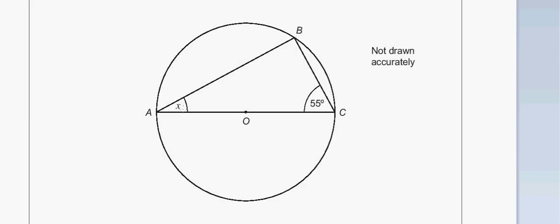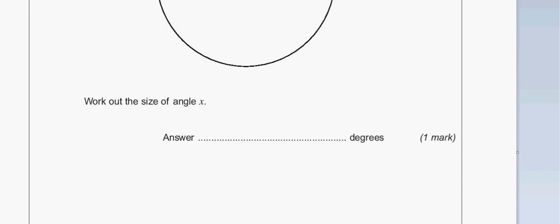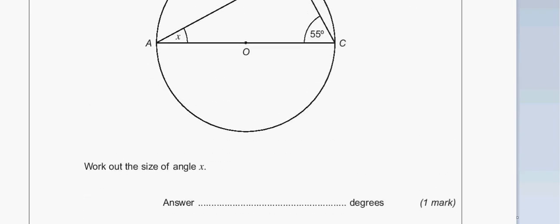Now the thing I do know is that if this is the diameter and I run a line to hit the circumference and come back to the other side, this will always create a right angle. So angle ABC is a right angle.